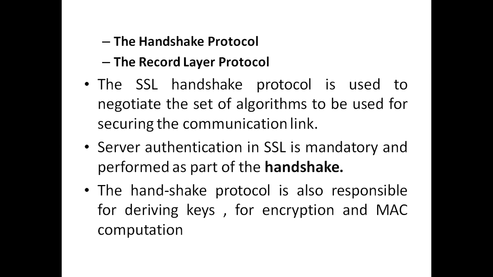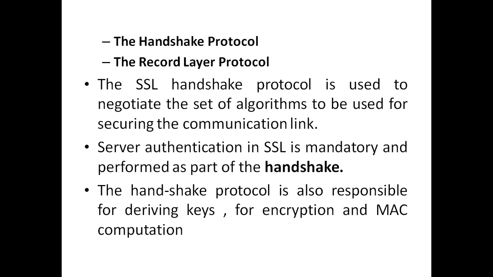Let us see in brief what exactly the handshake protocol does and what the SSL record layer protocol does. The SSL handshake protocol is used to negotiate the set of algorithms to be used for securing the communication link. Apart from this, server authentication is also mandatory and performed as part of the handshake.